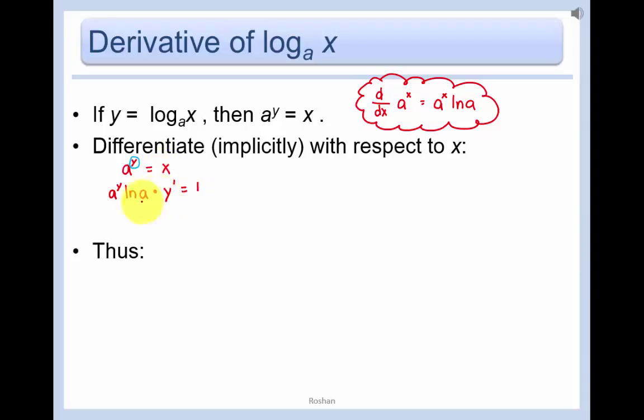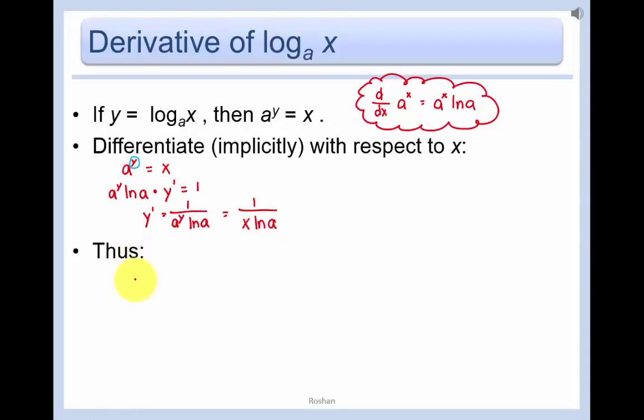So if we want to solve for y prime here, we have y prime equals 1 over a to the y ln a. And remember that we originally said that a to the y equals x. So if we make that substitution and let a to the y equal x, then we get 1 over x ln a.